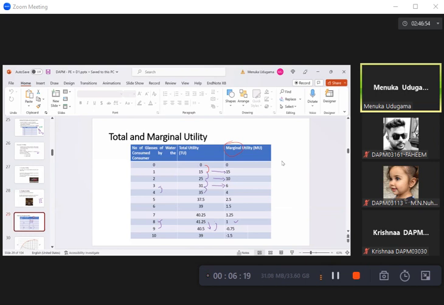To understand that better, we discussed a numerical example looking at what happened to utility as you consume a good one unit at a time. We looked at total utility of consumption and the marginal utility. The term marginal is very important because it looks at the additional utility that you get as you increase consumption by one extra unit of the product.